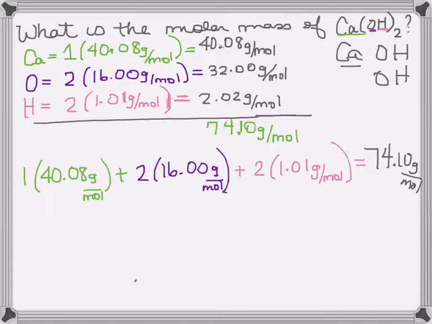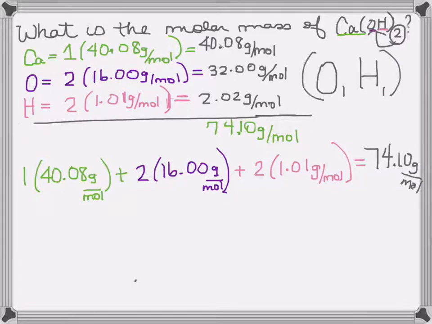The easier way of doing that is to take the subscript that's out here and multiply it times the subscript behind oxygen. So I'm going to blow this up just a little bit here. So oxygen has 1 written behind it, but we don't see it. And hydrogen has 1 behind it.